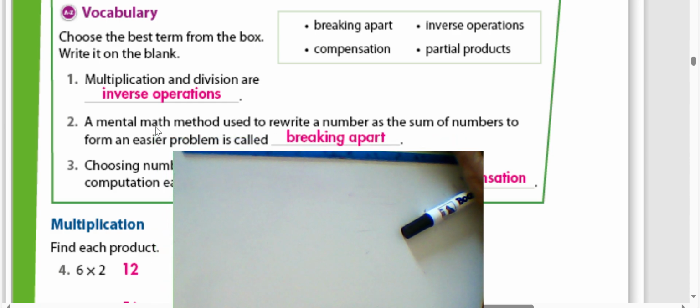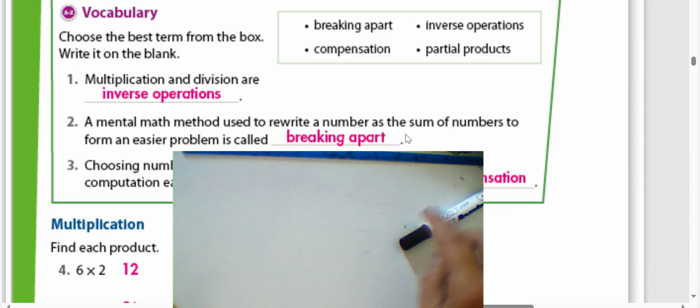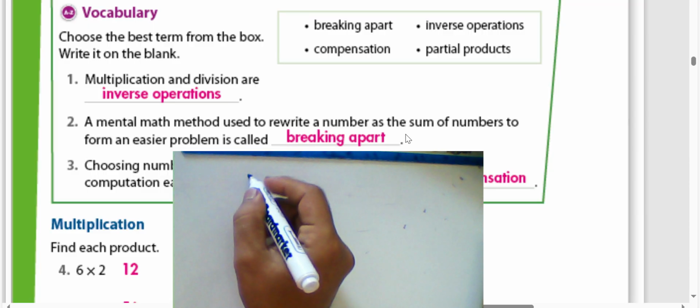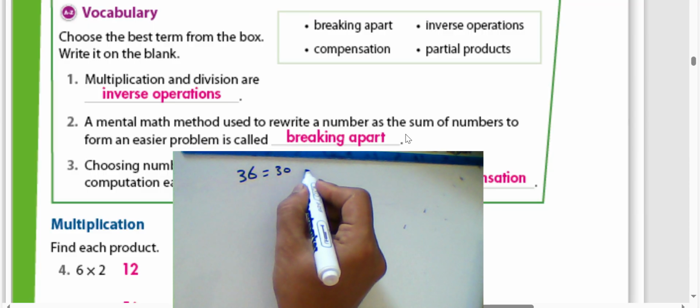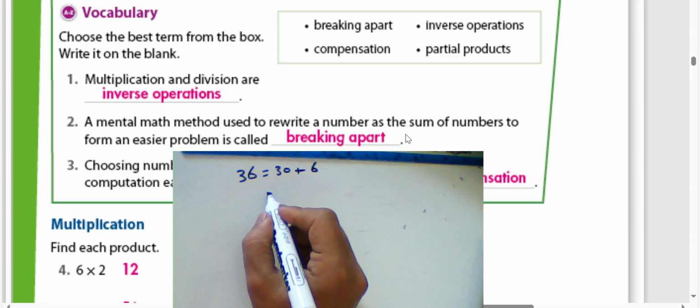Number 2, a mental math method used to rewrite a number as the sum of numbers to form an easier problem is called breaking apart. For example, if we have 36, we can write 30 plus 6 to find the result.